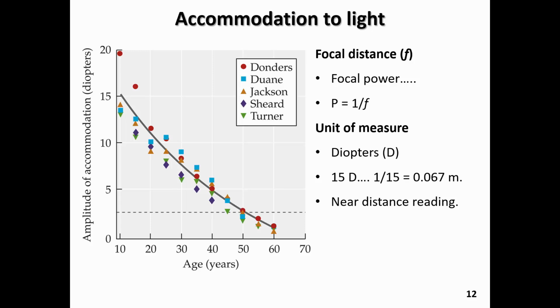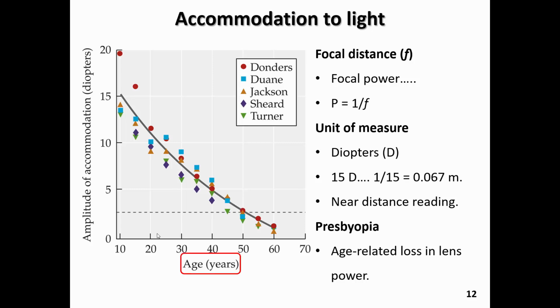What we see here on the graph is an illustration of presbyopia, a condition that occurs naturally, and it's an age-related loss in lens power as a function of age.